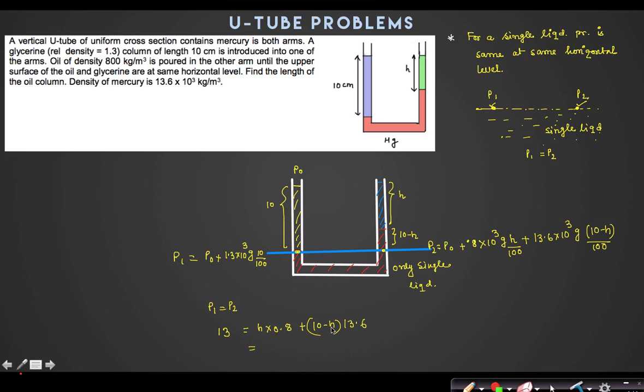So it is H into (0.8 minus 13.6) plus 136. That will give 136 minus 13 is 123, equal to 12.8 H. So H is equal to 123 by 12.8 centimeter. That is the answer of this question. Whatever the calculation is, you can do it.